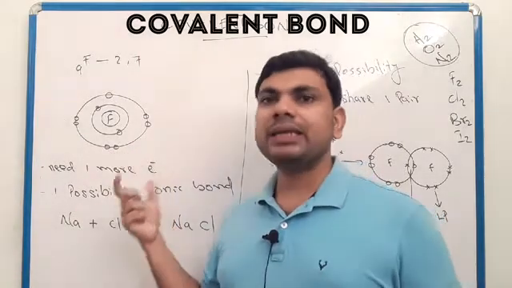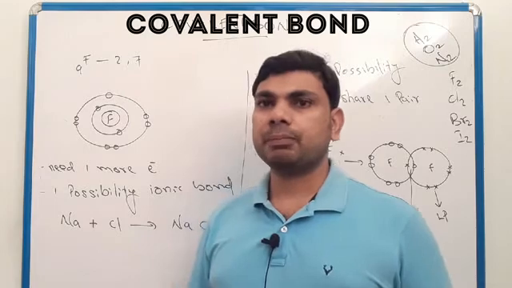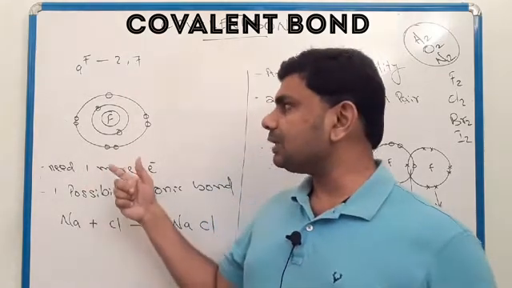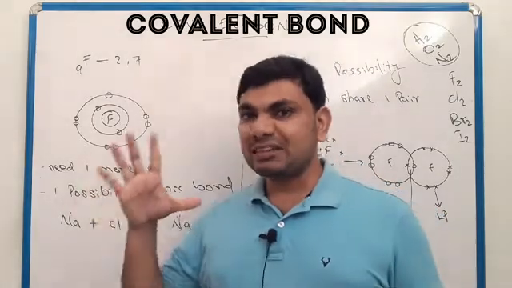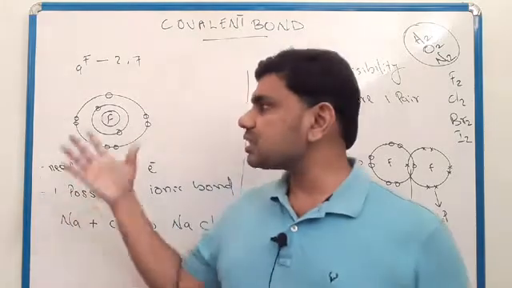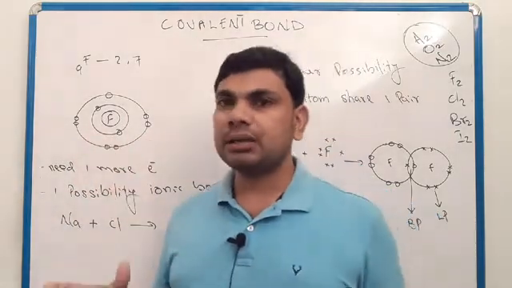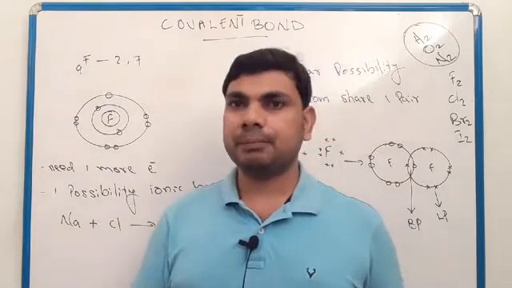Fluorine needs one more electron to complete its outer shell. With 7 electrons in the outer shell, this fluorine atom is not stable. It needs one more electron to attain its stability.